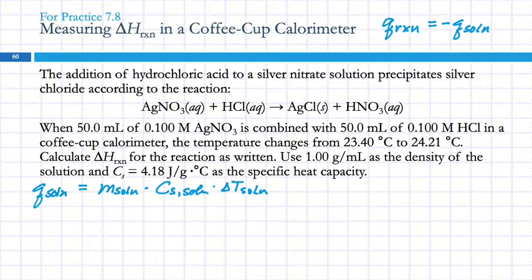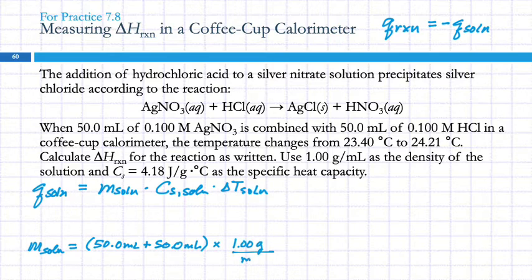The mass of the solution is going to equal the 50.0 milliliters plus 50.0 milliliters times 1.00 gram per milliliter. So that's going to be 100 grams. Three sig figs.